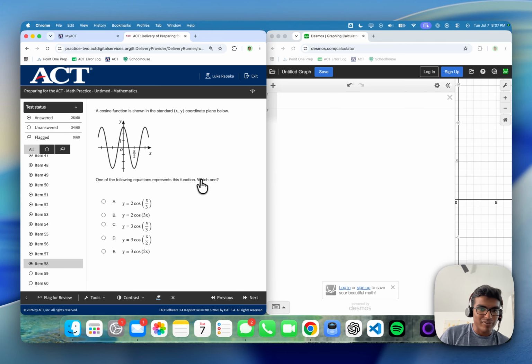Okay, which of the following represents this function? Okay, first thing, so amplitude, that's like the highest it goes and the lowest it goes. I can see 1, 2, 3.